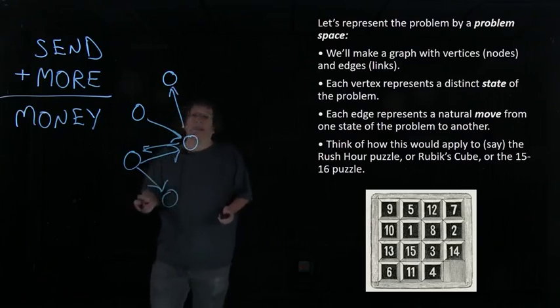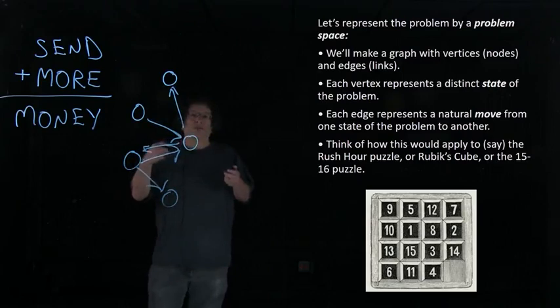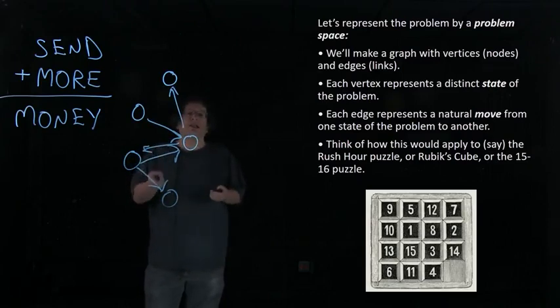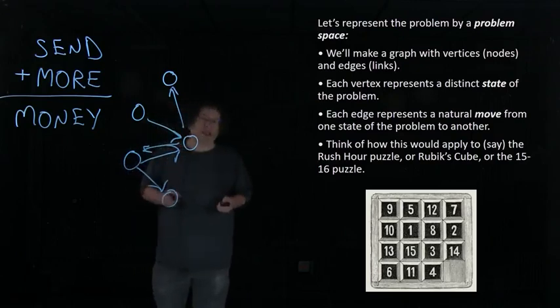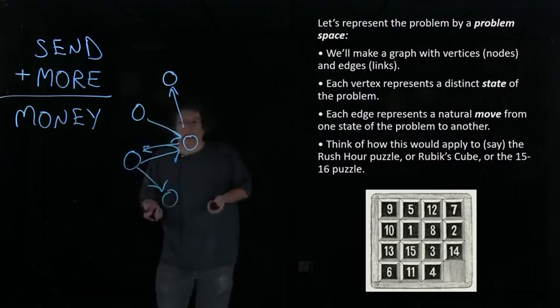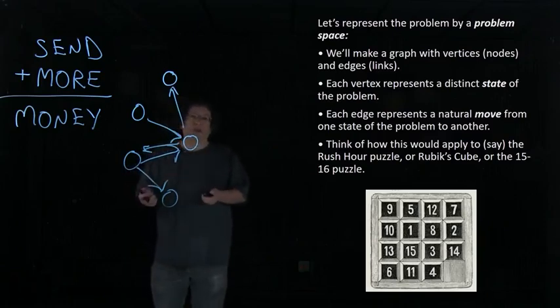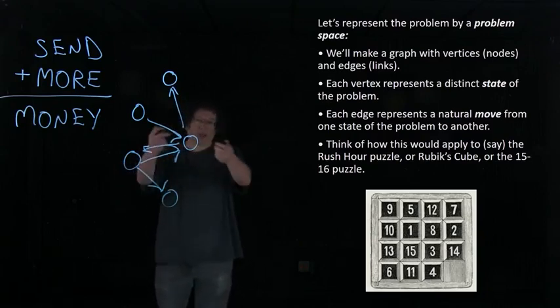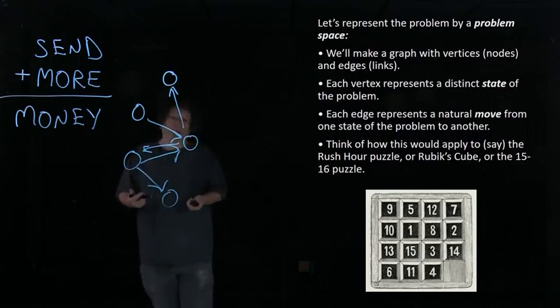And the idea is the vertices of this graph are meant to represent particular states of the puzzle. So, for instance, in the 15/16 puzzle, a state of the puzzle could be an arrangement of the 15 numbers and the blank space. So some arrangement of the 15 numbers and blank space within that 4x4 grid represents a state of the puzzle.